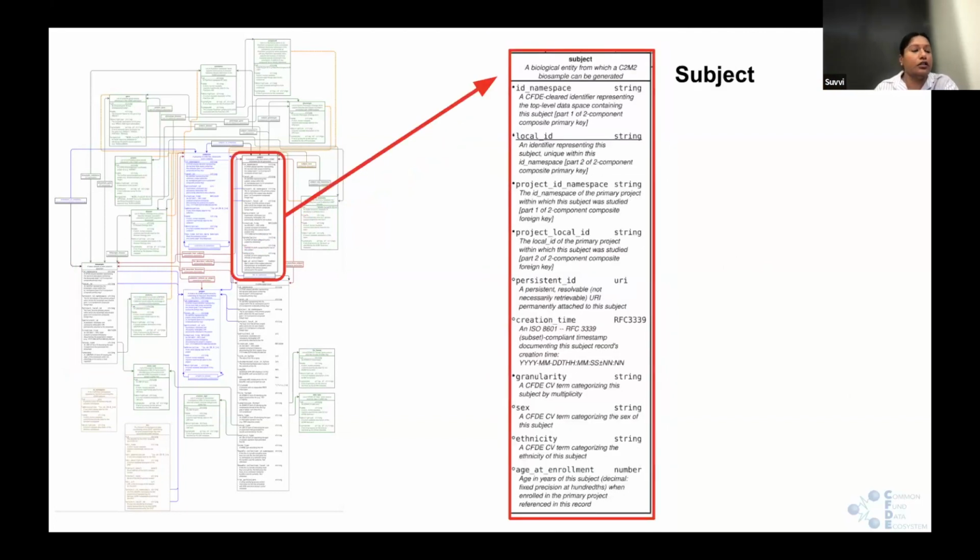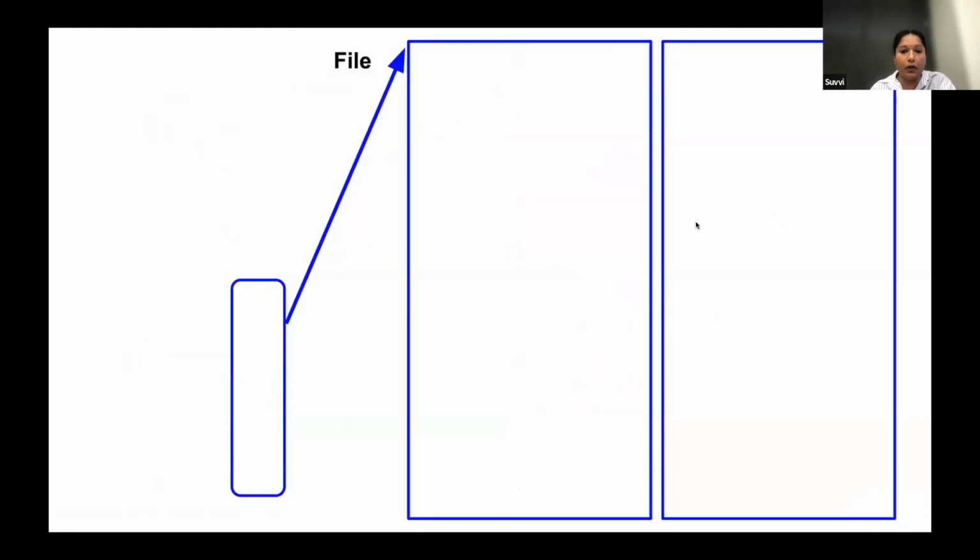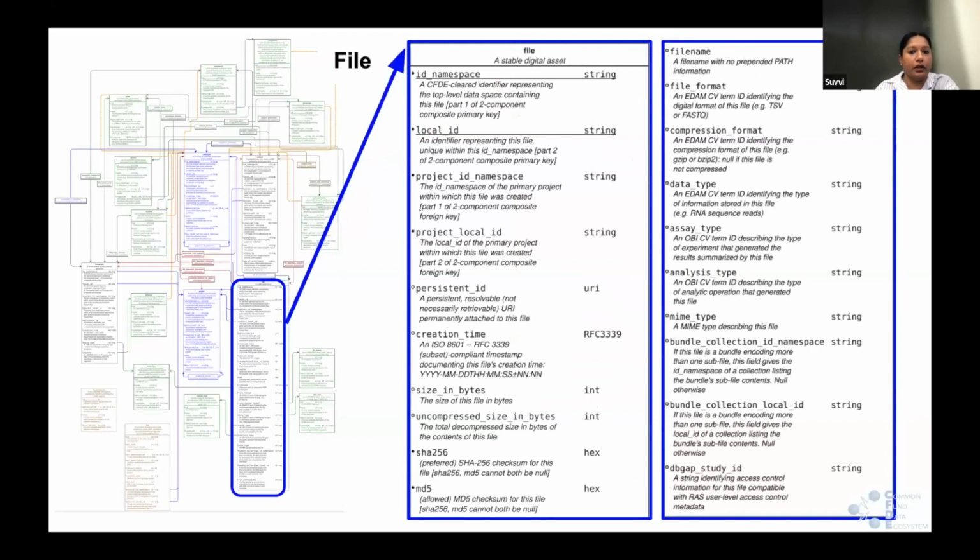Okay. So subject is another core table that I mentioned, and here we are capturing subject metadata. For example, granularity, sex, ethnicity, and other important information is captured in the subject table. The other important core table is the file table.